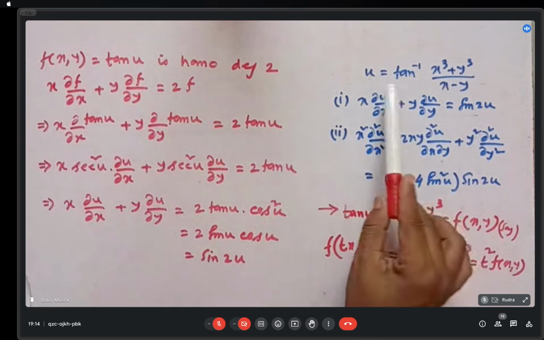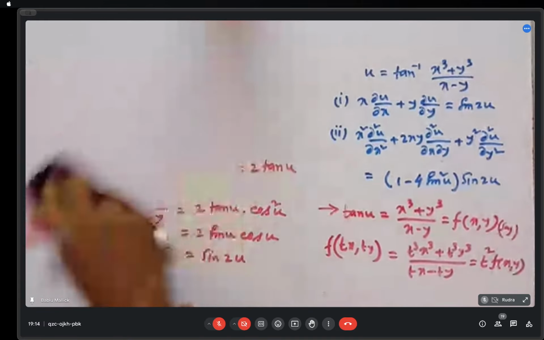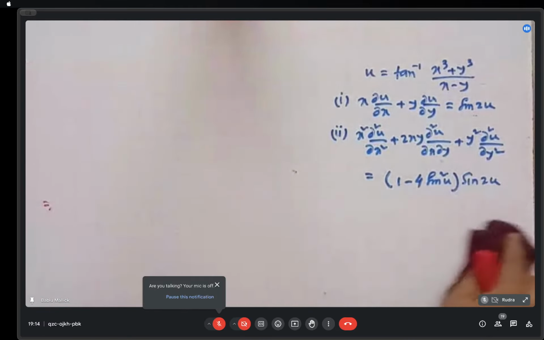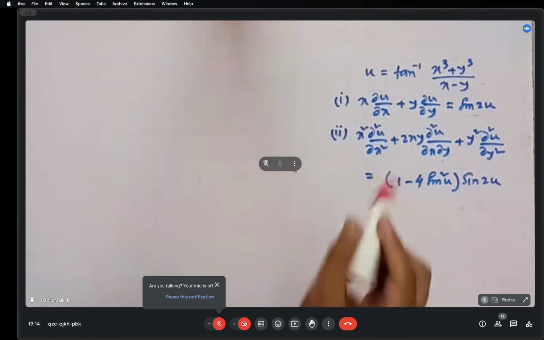So what is this? Tan u is equal to x cube plus y cube by x minus y. And then this is equal to f of x, y, say. I am assuming that this function is f of x comma y. So we have this thing already, this is number 1.